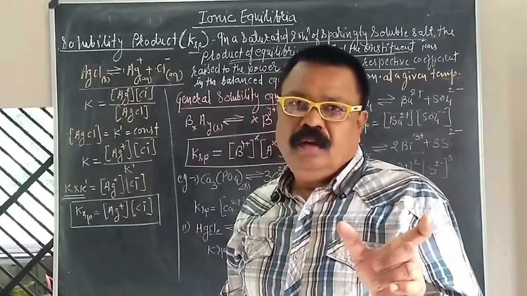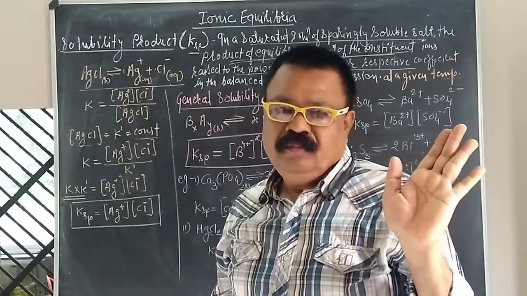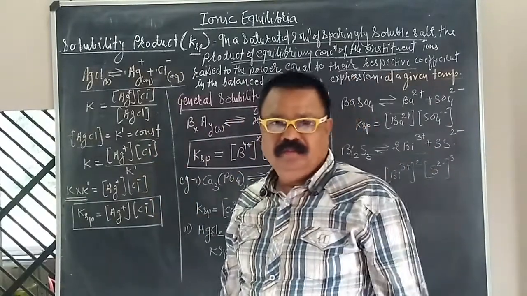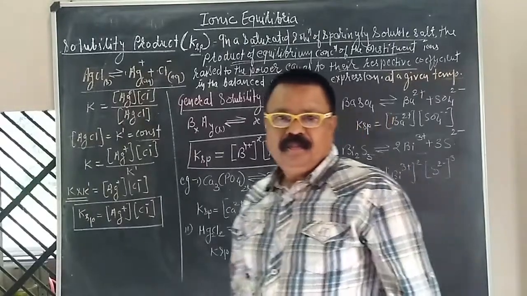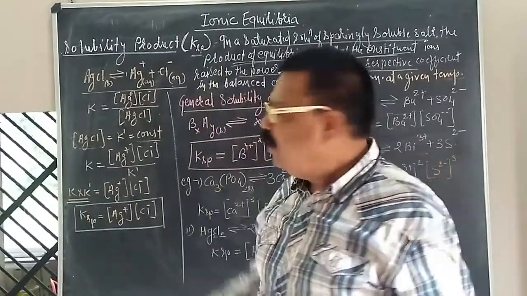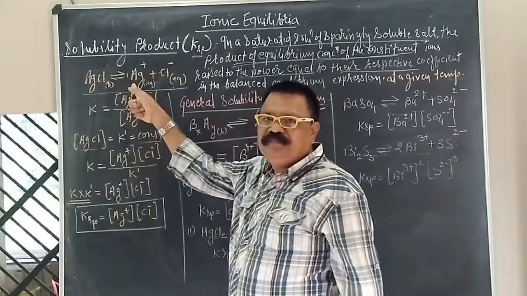Again, the definition of the solubility product is very simple. If I tell it in 2 or 3 parts: first part, in a saturated solution of the sparingly soluble salt, it is a saturated solution of the sparingly soluble salt.